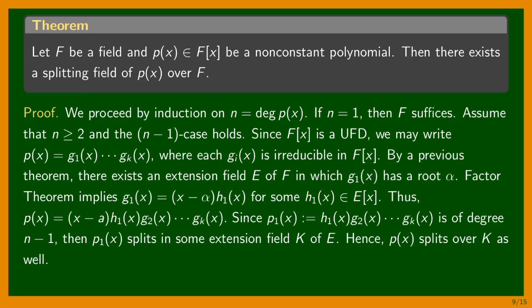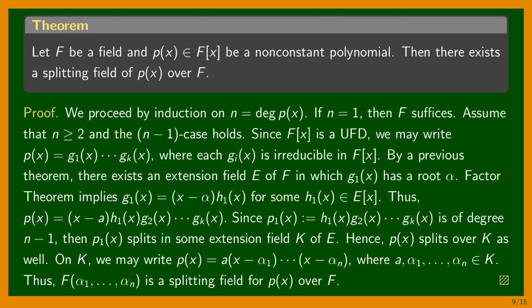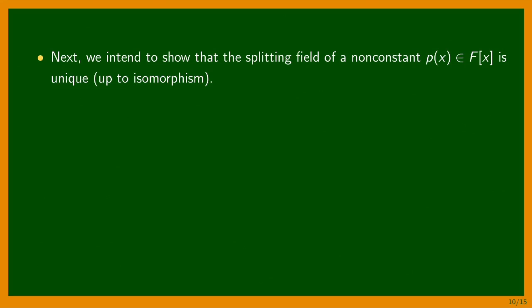Therefore, P of X itself splits over K as well. And on K, we may write P of X as follows. Thus, the smallest field to contain F and all these alphas is a splitting field for P of X over F. We're done.